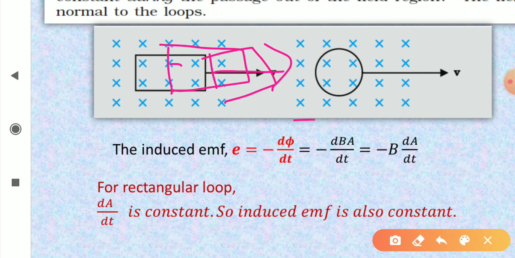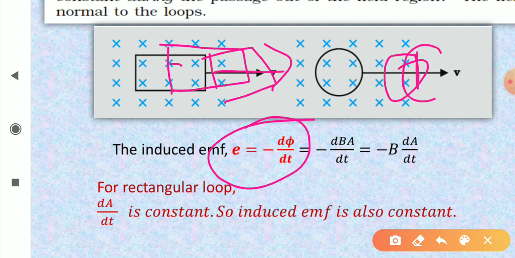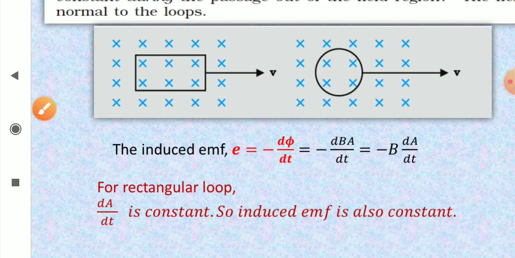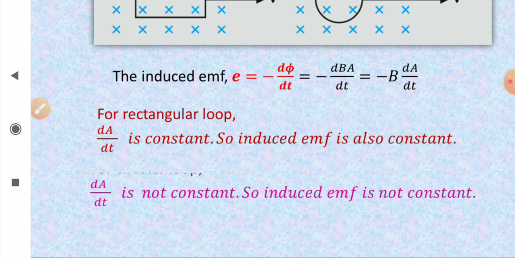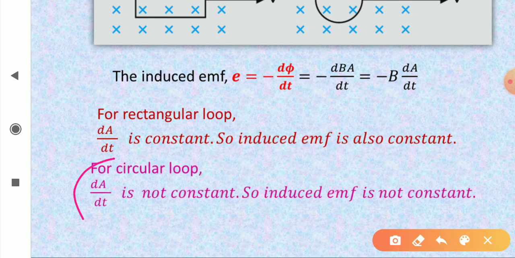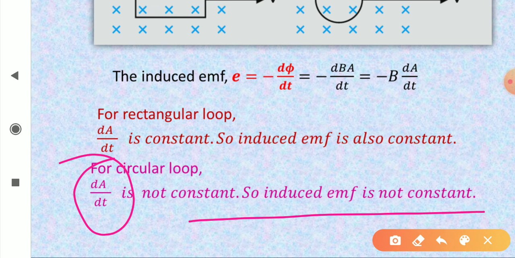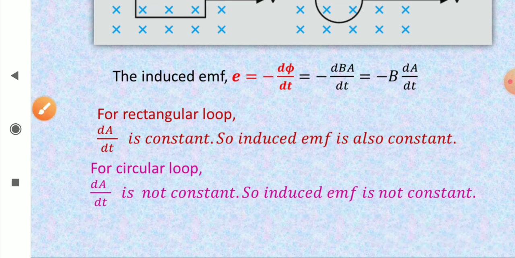So for the rectangular loop, this is constant. Now think of this circular loop. If the circular loop is at this stage, look at this smaller area; when it reaches further, a larger area is passing out. So dA by dt, the rate of change of area, is not constant for the circular loop. So the induced EMF is not constant.